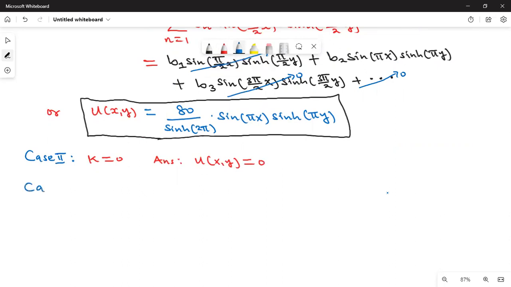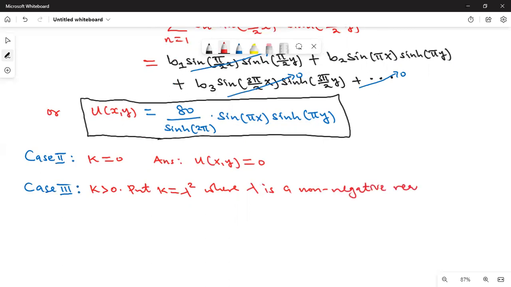So in case 3, that is when k is positive, k greater than 0, you are going to put k equal to positive lambda squared, where lambda is a non-negative real number.